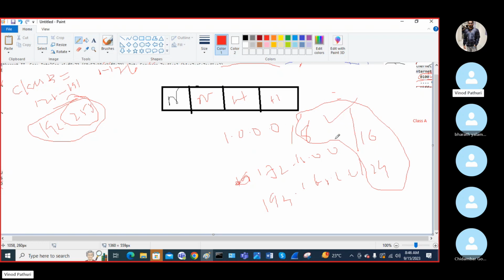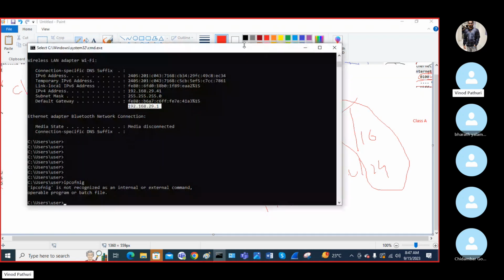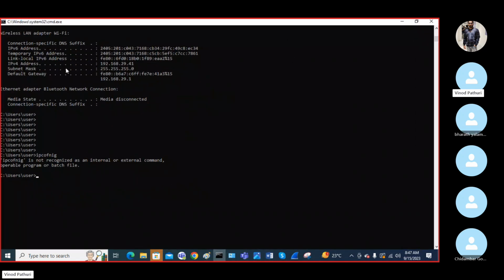In the same way, the system also needs to understand. How will it understand? For that we have a subnet mask. Are you able to see it here? I'm highlighting the subnet mask.